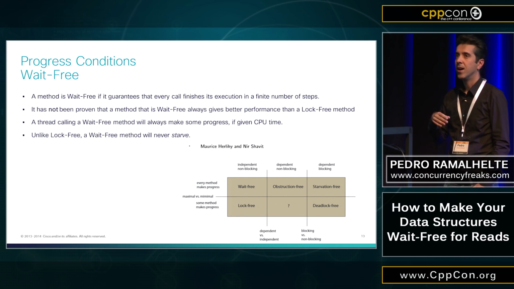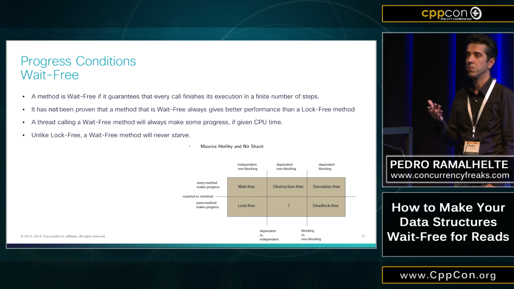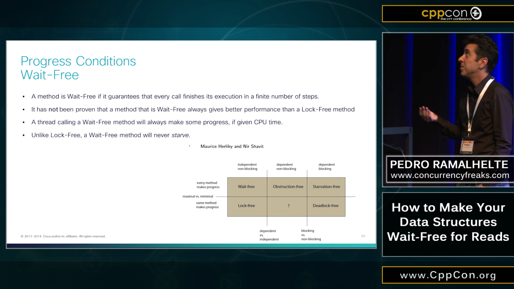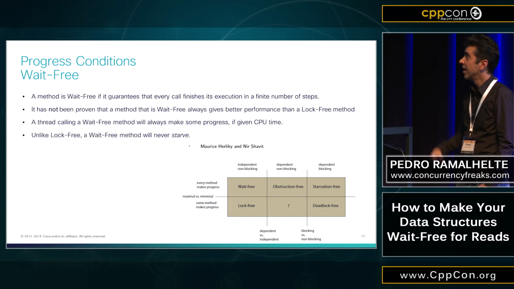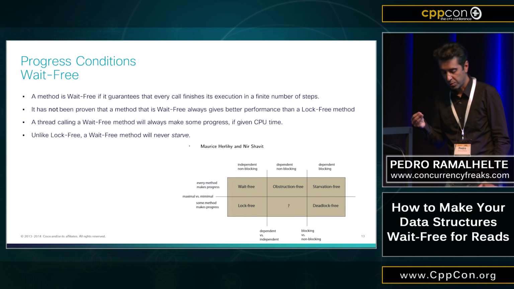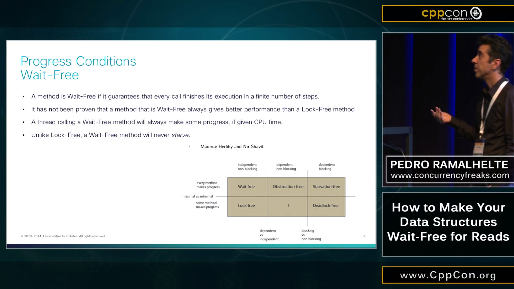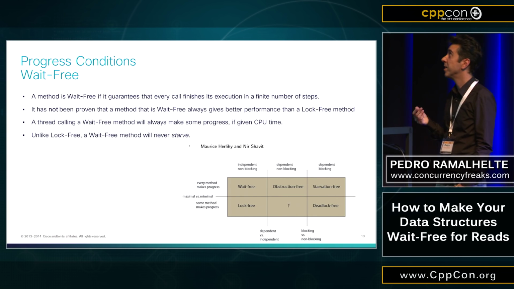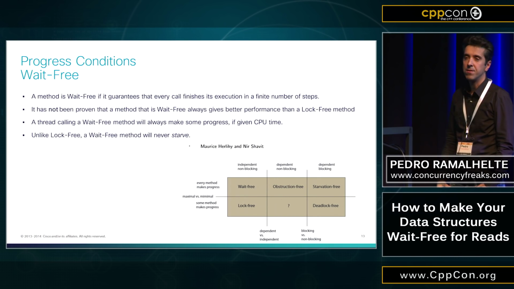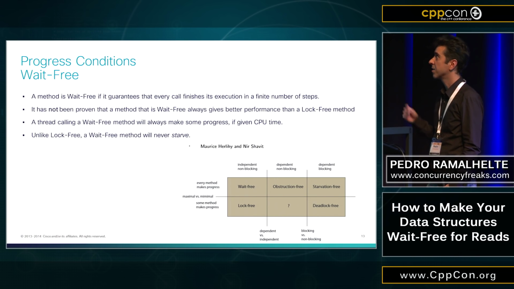In fact, under no contention, just single threaded, it seems the other way around is true: lock-free provides better throughput than wait-free, but not under high contention for sure. A thread calling a wait-free method will always make progress if the thread scheduler gives it CPU time, of course, otherwise no progress will be made, and it will never starve. So there's no starvation, unlike with lock-free.